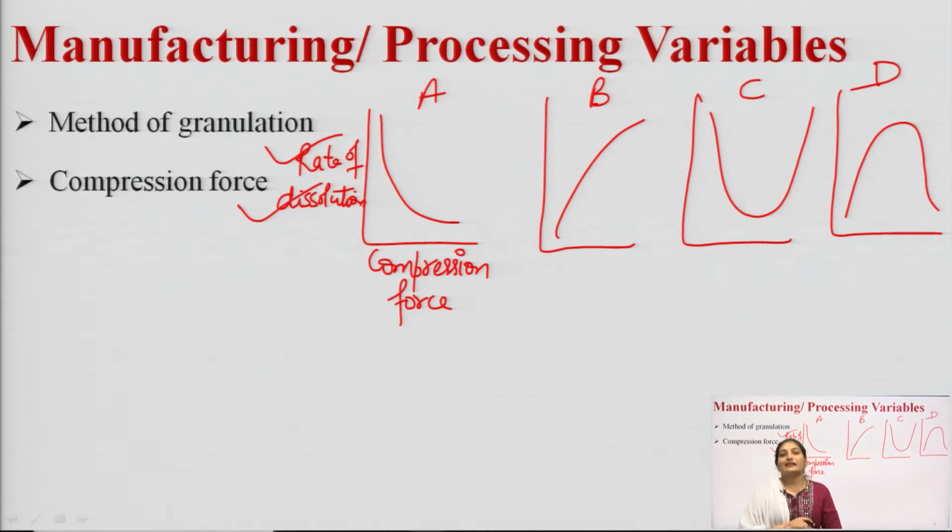If porosity is less in the formulation, then its wettability will be reduced, and due to this there will be less contact of the dosage form with the medium, and it will take more time to disintegrate, okay. And the more time it takes to disintegrate, the more time it will take for the dissolution also, okay. So, there will be less dissolution. So, as the compression force is increasing, the rate of drug dissolution is decreasing in case of the first possibility, that is the A curve.